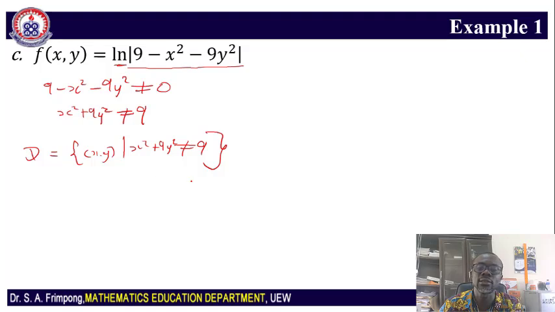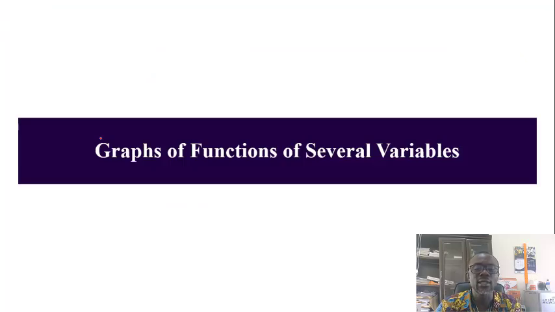If you are to sketch this, you know that this is an ellipse that you are going to get. And so far as anything within it doesn't violate this condition, it becomes part of the domain of this set. Now we will take a look at graphs of functions of several variables.